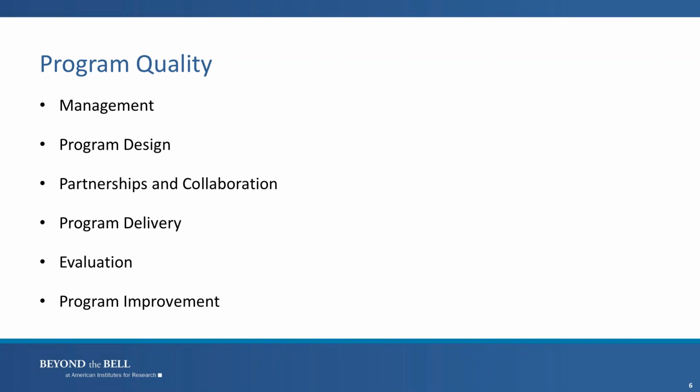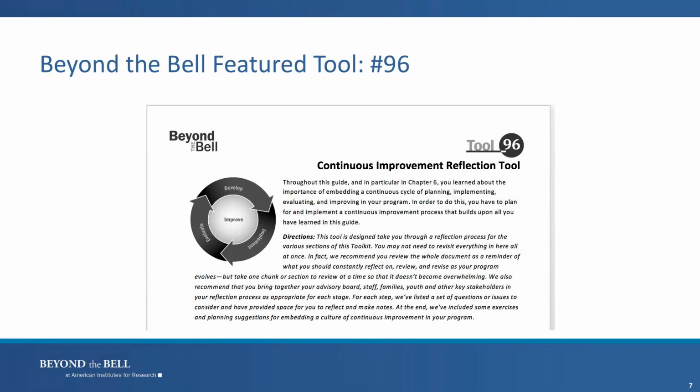And for our brief time together today, we're going to concentrate on evaluation, which looks at the collection and use of data, and program improvement, which involves a continuous cycle of inquiry and reflection on all of the program elements that I've just described.